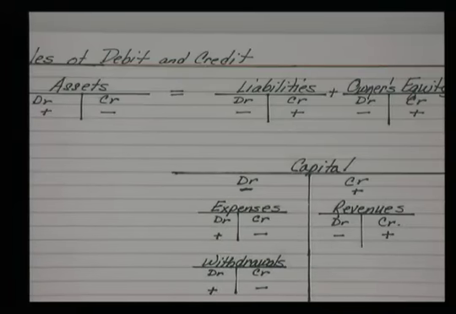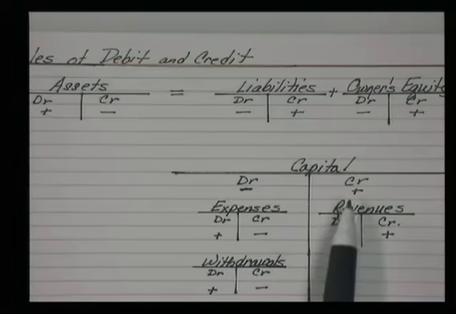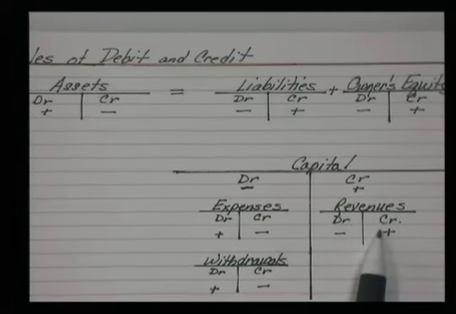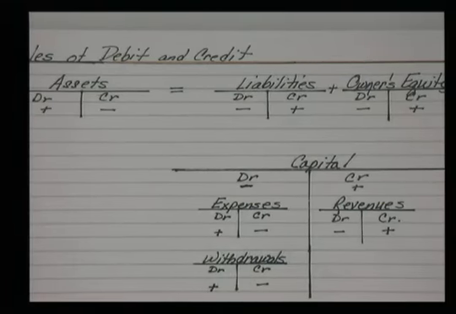Owner's equity comprises four accounts: capital, revenues, expenses, and withdrawals. Capital and revenues increase owner's equity, so they are increased on the credit side. Expenses and withdrawals decrease owner's equity, so they are increased on the debit side.